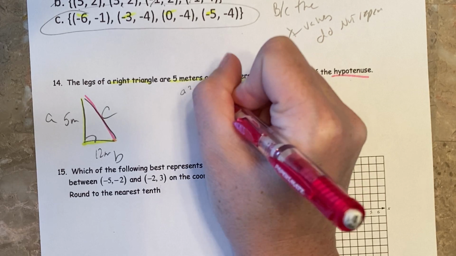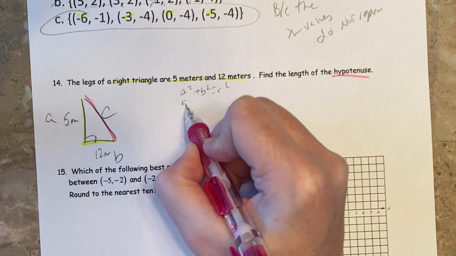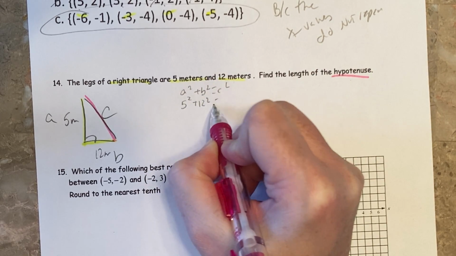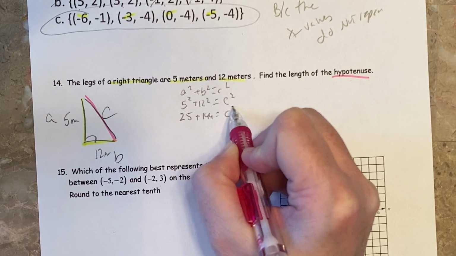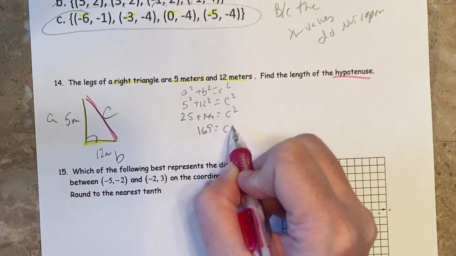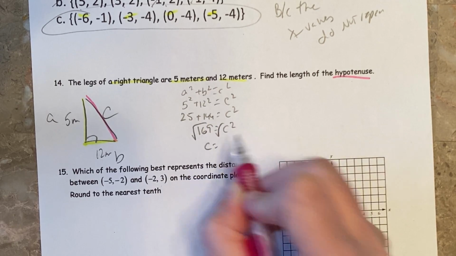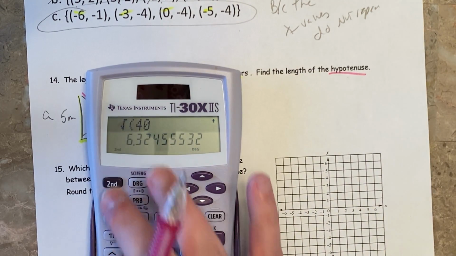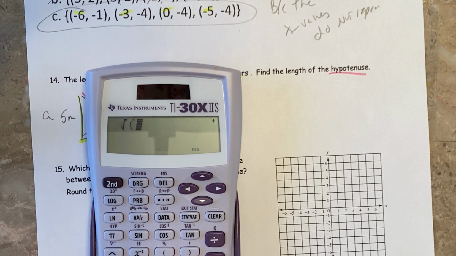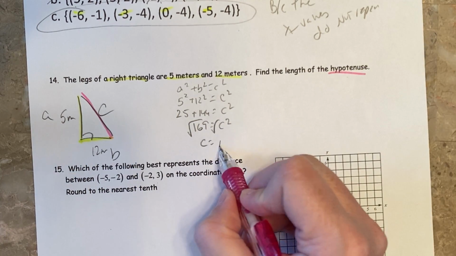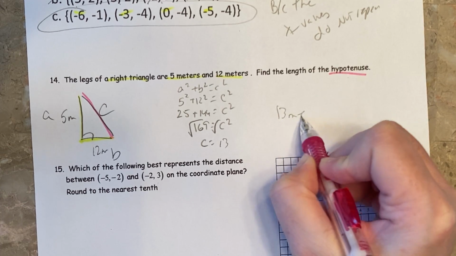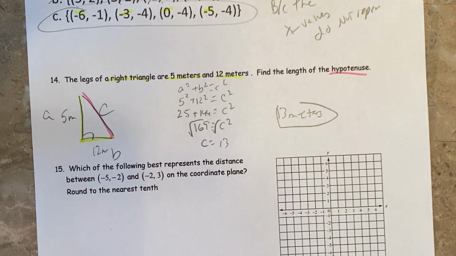So a squared plus b squared equals c squared. 5 squared plus 12 squared equals c squared. 25 plus 144 is c squared. 169 is c squared. Take the square root. The square root of 169 is 13. So if you got 13 meters, you got it correct.